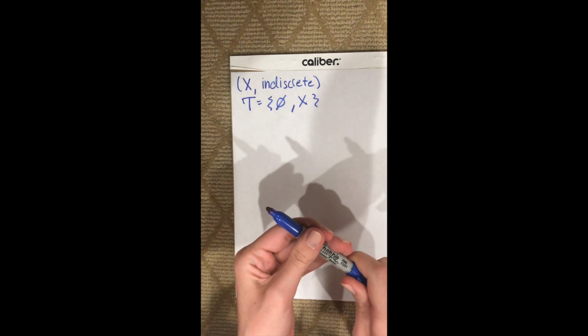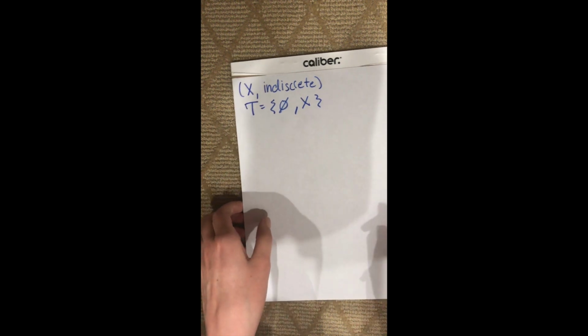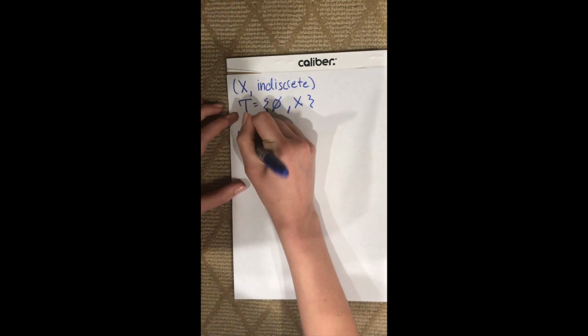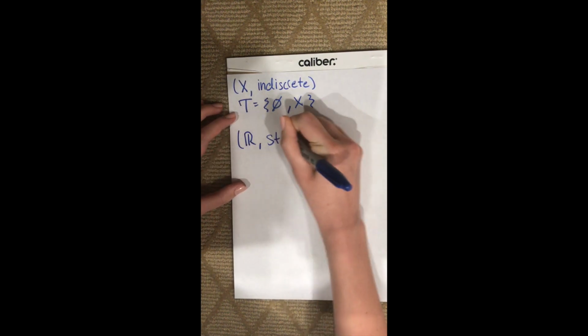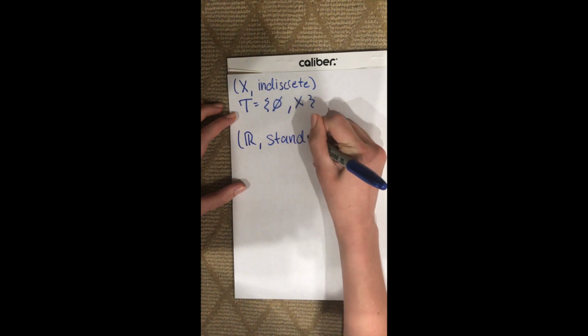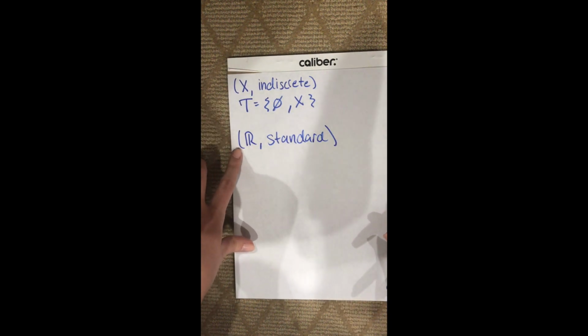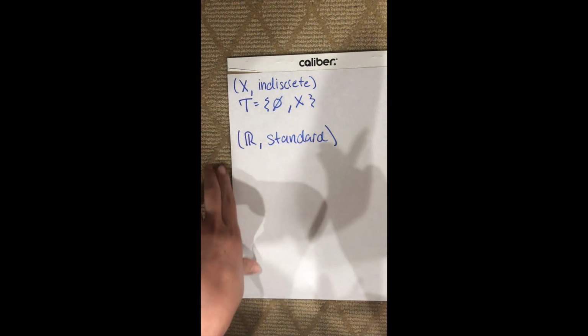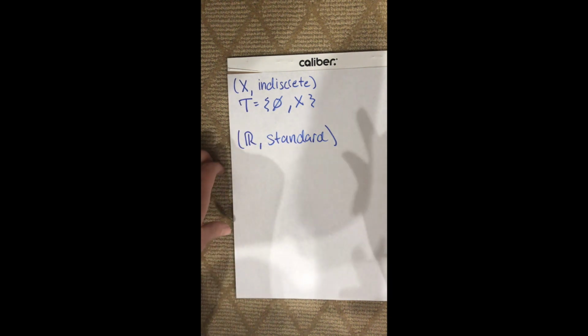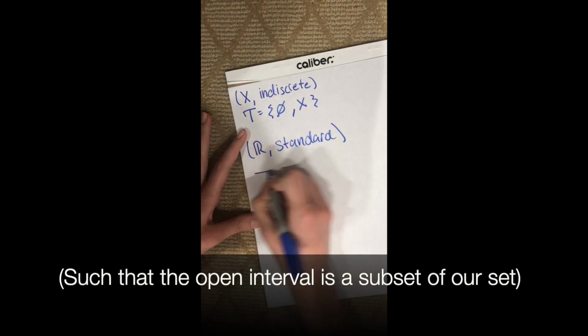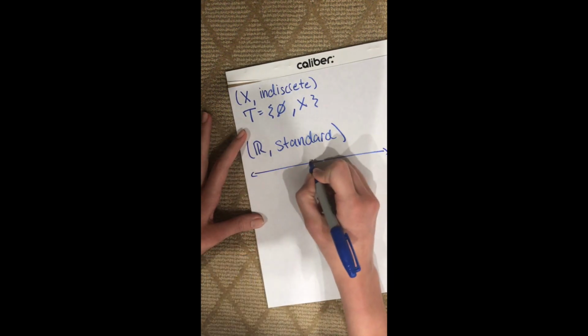But for the next example, we're going to look at the standard topology on the real number line. A set is in our topology if for every point in that set you can draw an open interval around the point. Let's draw it like this.